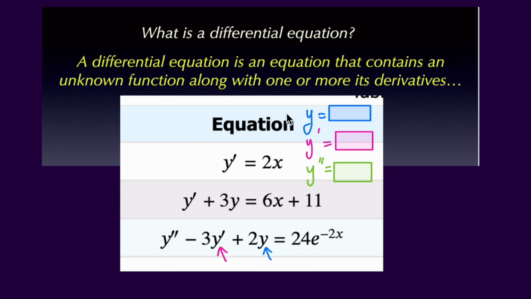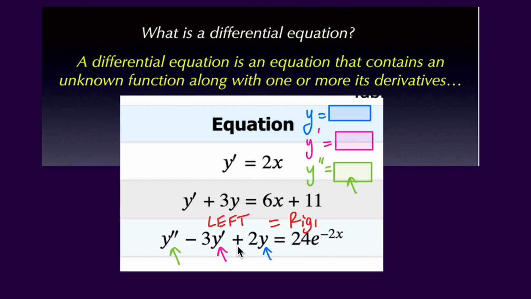And finally, we take what we believe to be the second derivative and substitute it in for y double prime. When we do that and simplify, the idea is to make sure that the left side of this differential equation equals the right side.